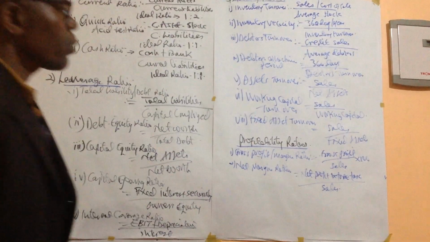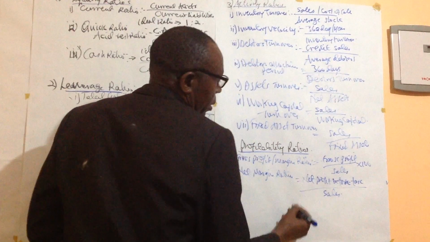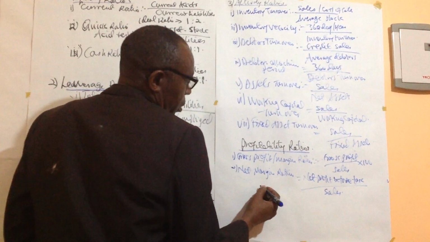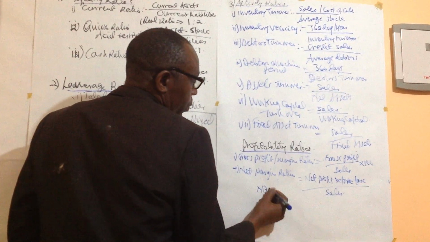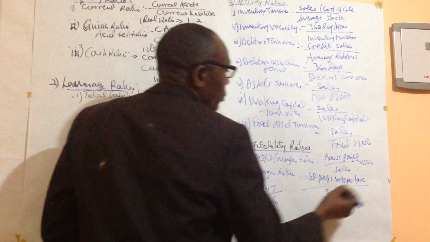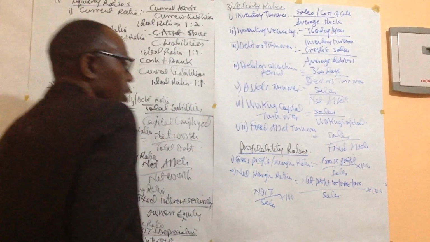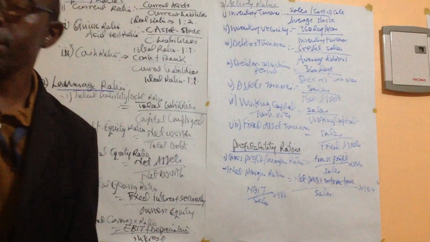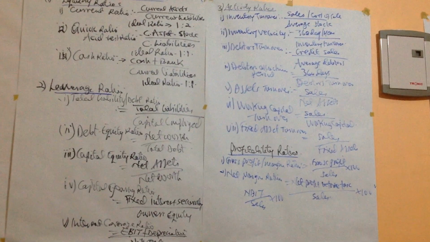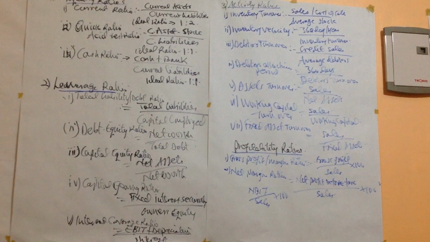Frequently it is also referred to as net profit before interest and tax over the sales, times 100. That gives us the net margin, or net profit margin ratio.